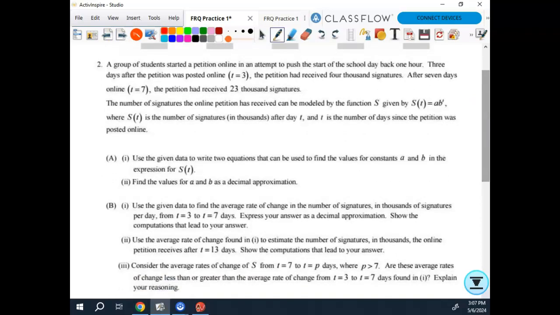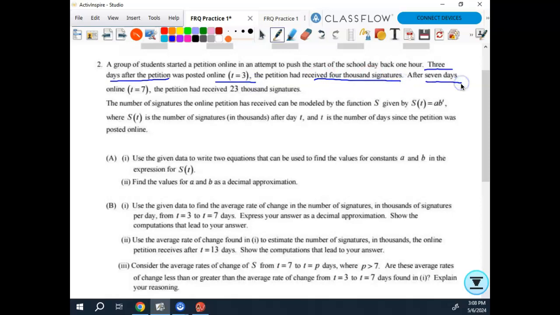Alrighty, a group of students started a petition online in an attempt to push the start of the school day back 1 hour. 3 days after the petition was posted, t equals 3, the petition had received 4,000 signatures.